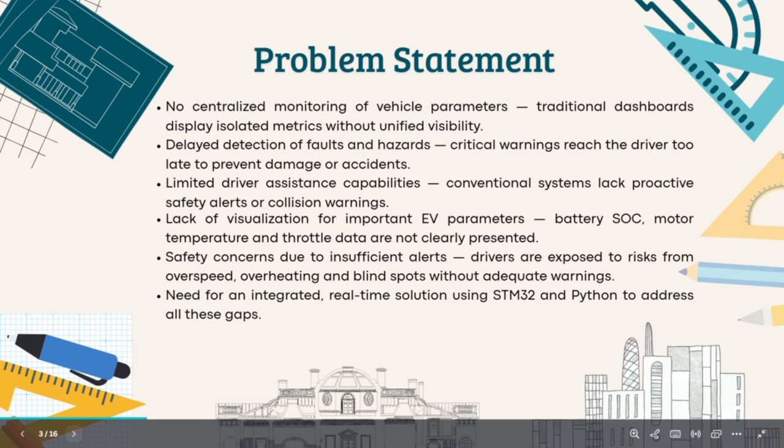Third, most dashboards do not have safety features like collision warning or blind spot detection. Also, important EV information like battery level, motor temperature, and throttle position is not shown in a simple and clear way. So we developed this project to monitor vehicle data in real time and give safety alerts to the driver.